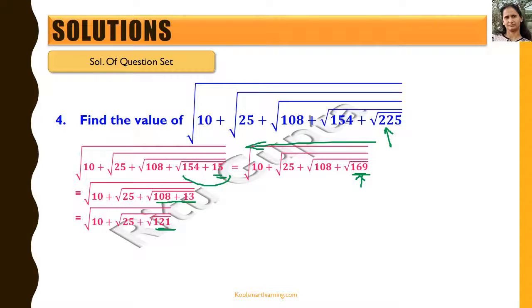Again, resolving the innermost square root, which is the square root of 121, which is nothing but 11, we get this. And now 25 plus 11 is 36, and we replace the value of the square root of 36, which is 6, and we get the square root of 16, which is nothing but 4. So this whole expression is equal to 4.